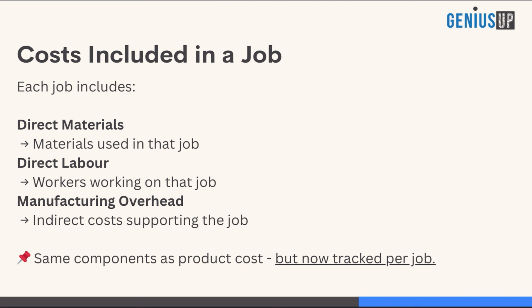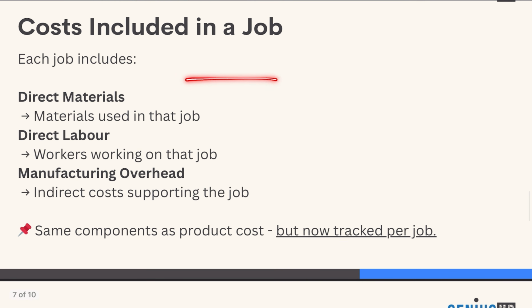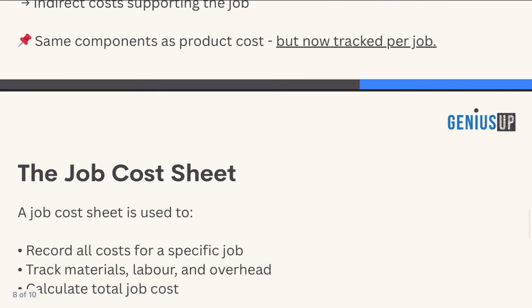So if you did the cost and cost behavior module, you'll realize that these are the same costs that make up a product cost. But now we track them per job. If you haven't done the cost and cost behavior course, you can go complete that course as well, so that you have a good foundation of management accounting and the different types of costs and how they behave. However, in a nutshell, these are the three types of costs that are included in each job.